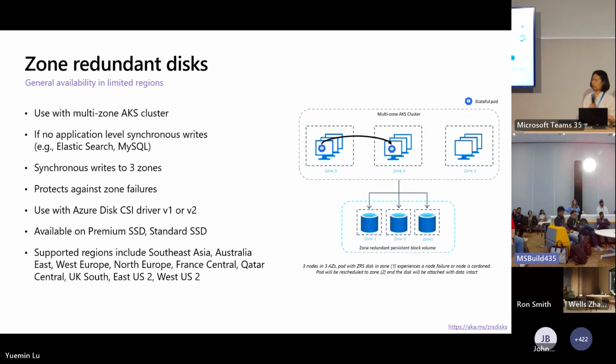Azure zone-redundant disk is a unique and differentiated offering only available on Azure, where we synchronously replicate the data across all 3 zones. What is even better is that, compared to managing your own replication through a mirroring disk on another zone, ZRS disk costs only around 50% more than the LRS disk. So it's even a cost-efficient option for you to have an HA architecture.